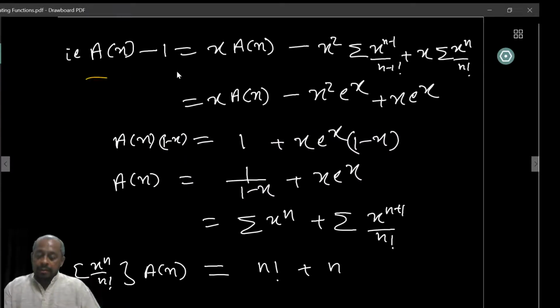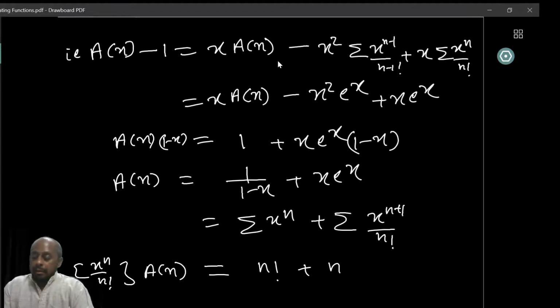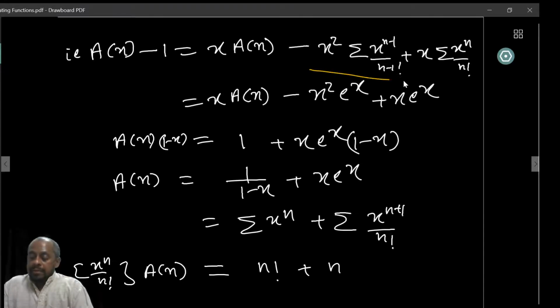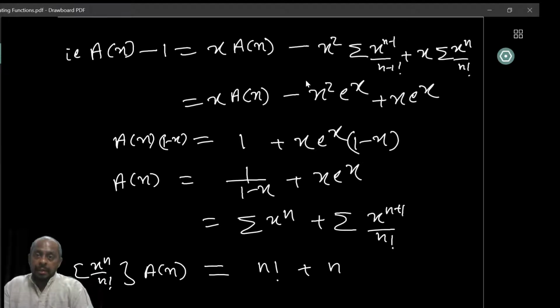So A(x) minus 1 is equal to, again the routine procedure, x times A(x), minus x squared times summation x raised to n minus 1 by (n minus 1) factorial from the n by n factorial. You take the x squared outside. Plus, from the last term you have 1 by n factorial, and you take 1 x outside, you will get x raised to n by n factorial.